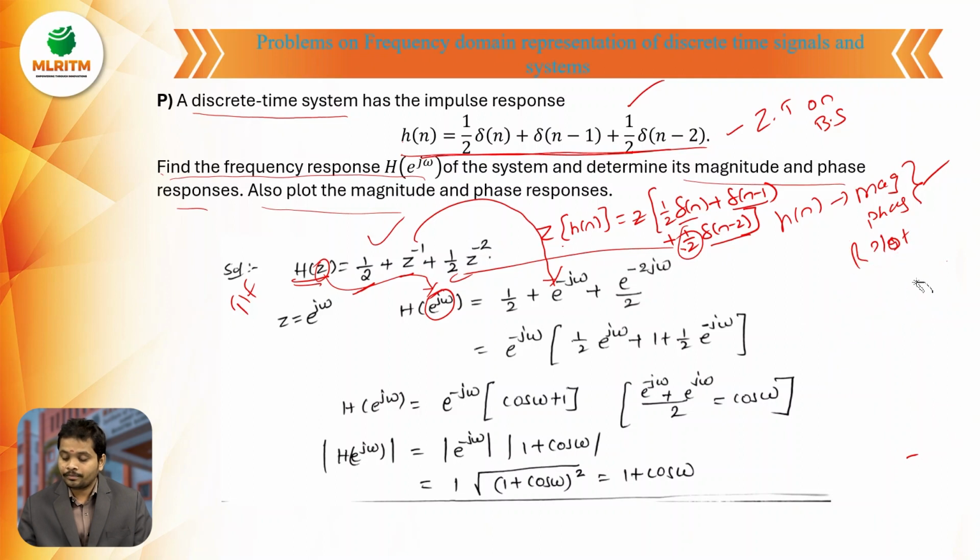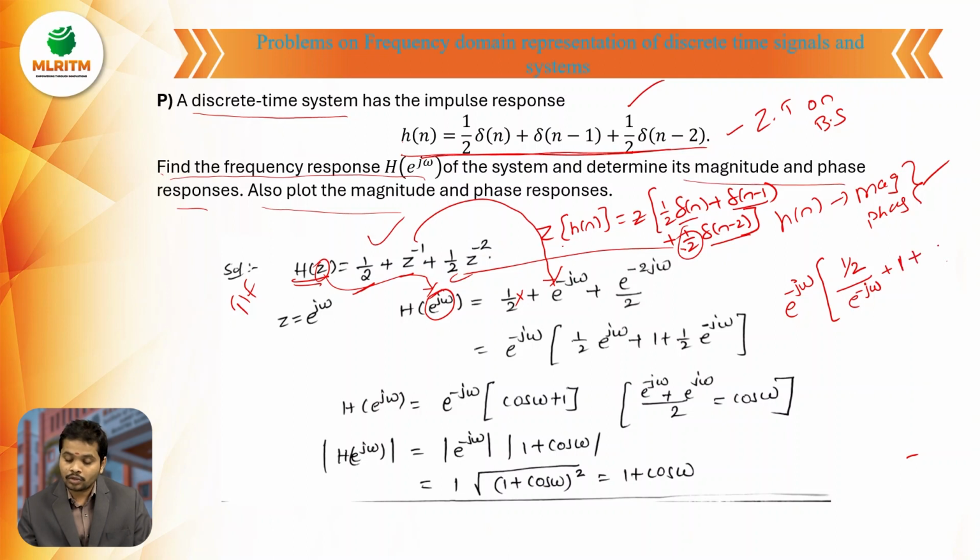If you see here, I can take a common term, e^(-j omega). There is no term related to e^(-j omega) in the first term, so I write 1/2 divided by e^(-j omega), plus the one e^(-j omega) that is common.